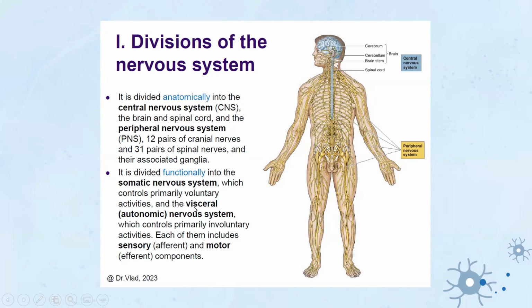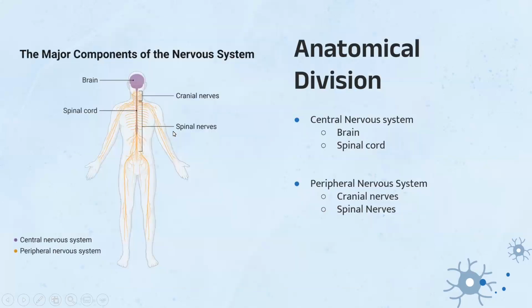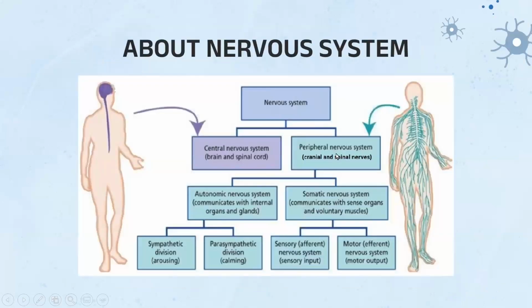Now, this is concerning the peripheral nervous system, because if you remember, we said that the peripheral nervous system is divided into autonomic nervous system and somatic nervous system. The central nervous system cannot be divided more because it only consists of the brain and the spinal cord.